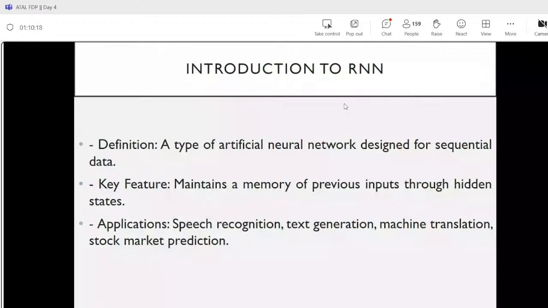Yes, clear. Yeah, fine. So, as mentioned in this slide, the key feature is maintaining a memory of previous inputs through the hidden states. So hidden states are very, very important here. The hidden layers are those in which the previous inputs are stored. Why does it have to be stored? Without storing, I will not be able to compare with the output which was generated previously.